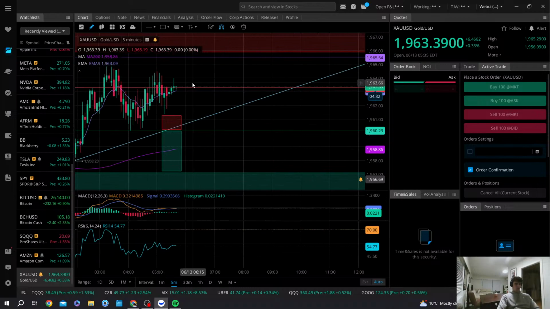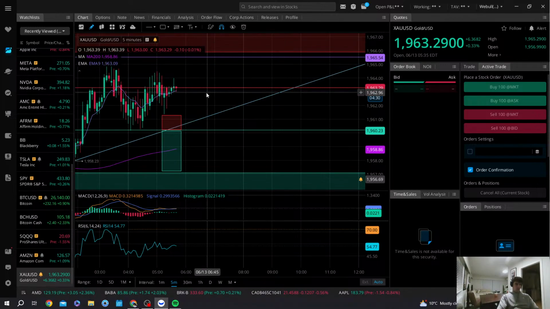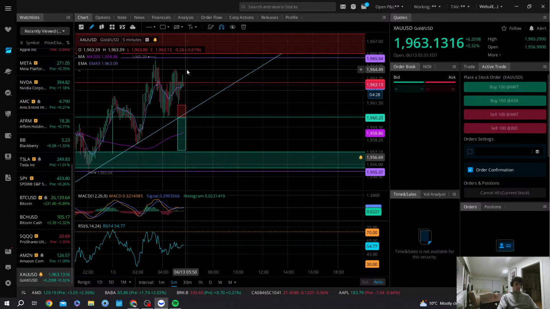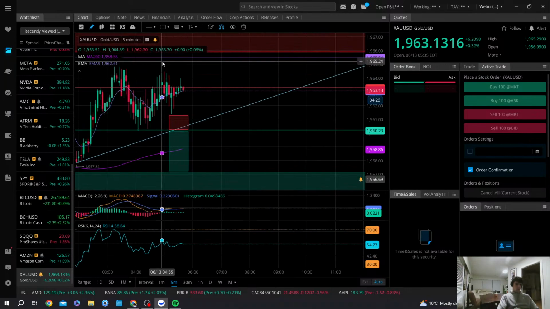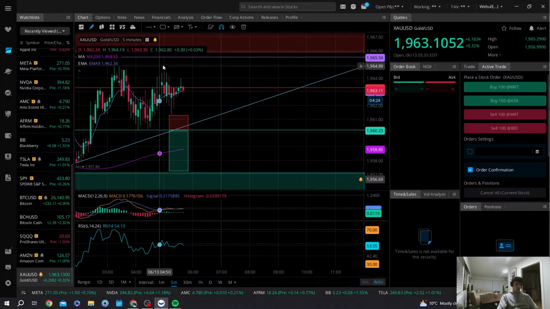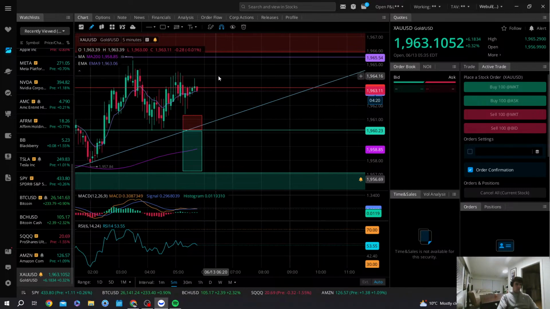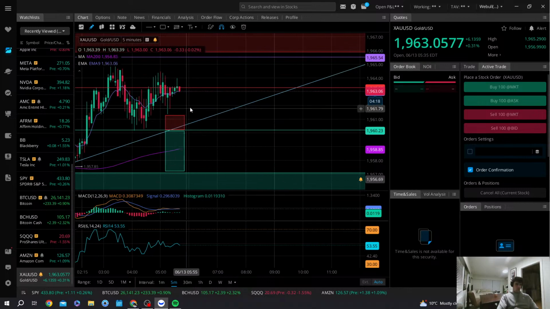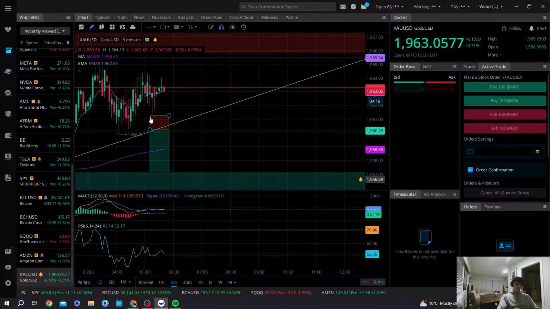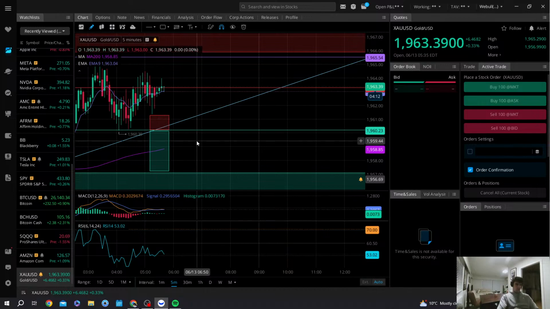Yep, so still struggling. Gold's still struggling to break that resistance. Just a whole lot of consolidation happening. Just waiting for that move. The one that I've got here, so that's where I set my stop loss. Waiting for it to break through this support.